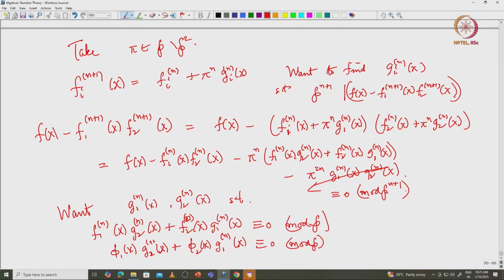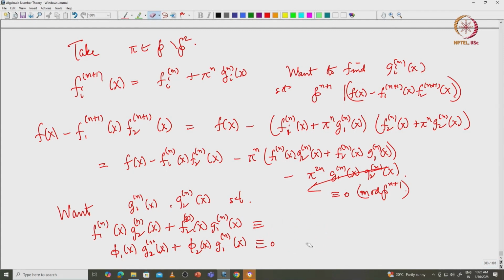Okay, and I think I have made a slight error somewhere. I'm trying to figure that out. No, sorry, this shouldn't be 0 mod p.